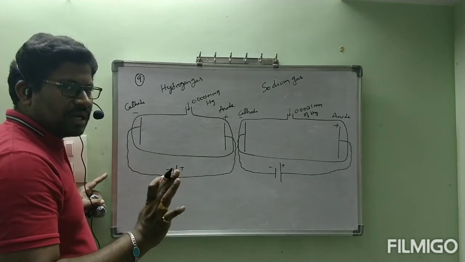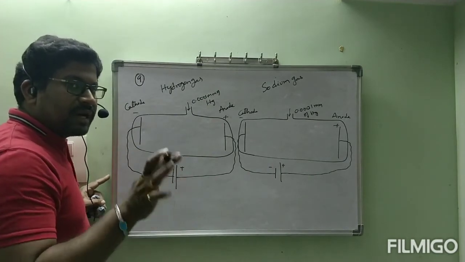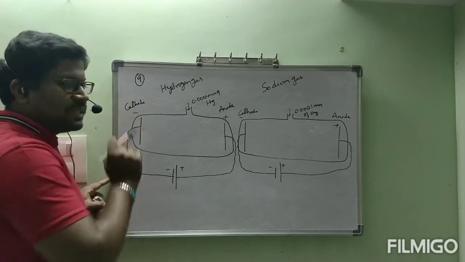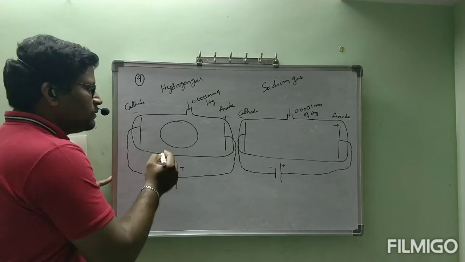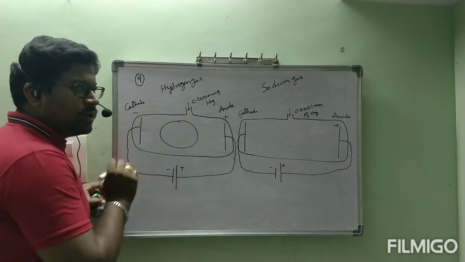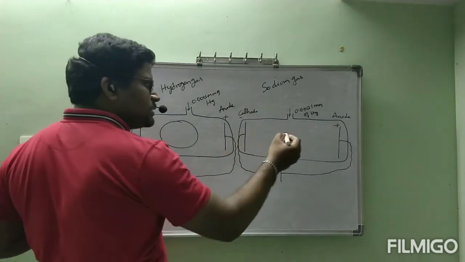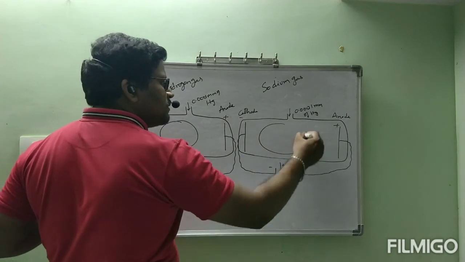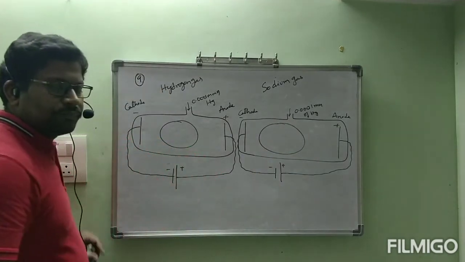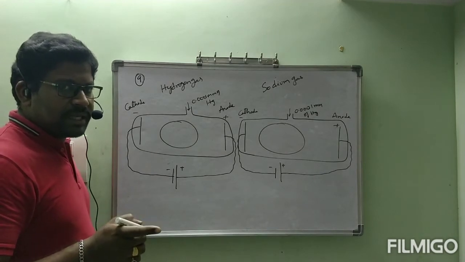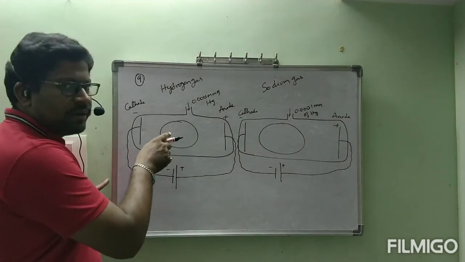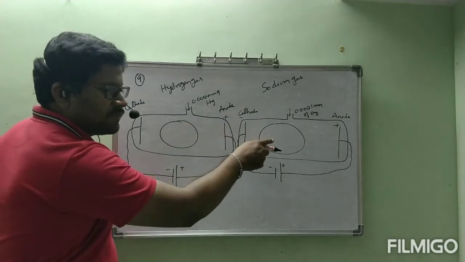For understanding this ninth point, I considered only one atom of hydrogen here, and only one atom of sodium here. Please don't be mistaken that only one atom of hydrogen or sodium will be present.